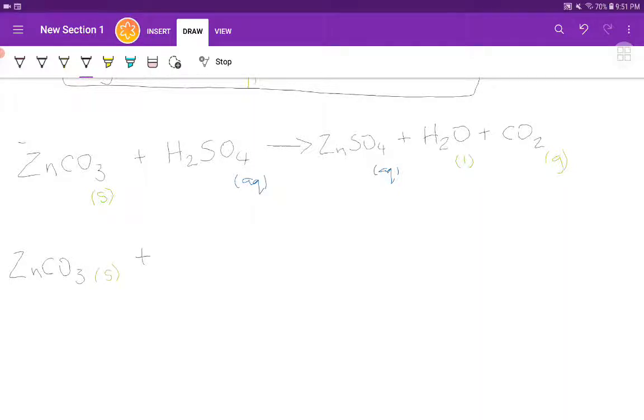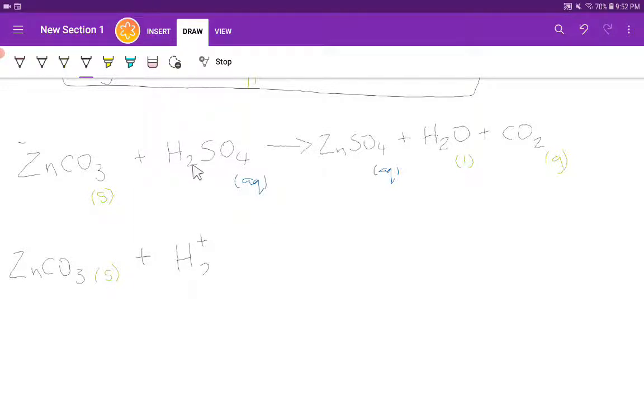Our sulfuric acid, we'll have to split it up into ions. What are the ions that make up sulfuric acid? We have H plus ions and we have sulfate ions, SO4 2 minus ions. So we have our H plus ions. How many H plus ions do we have? We have 2 of them.